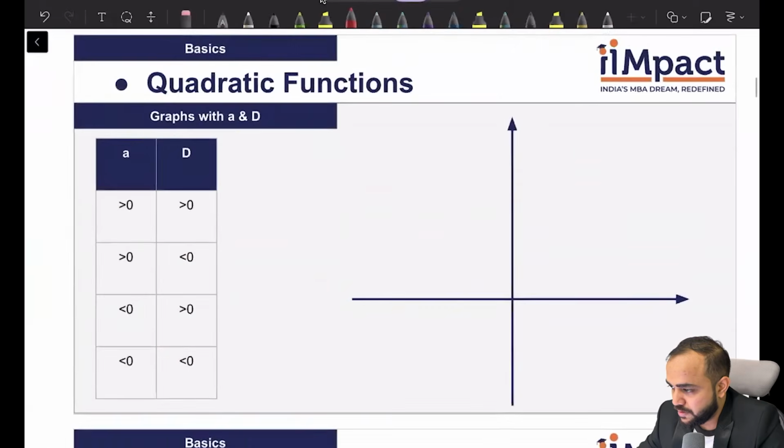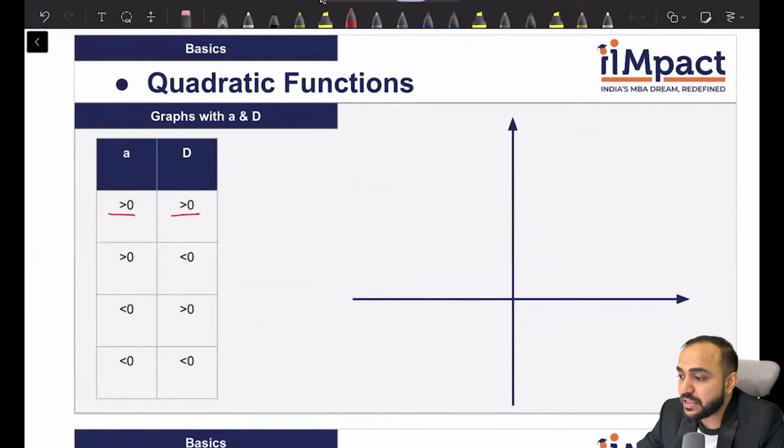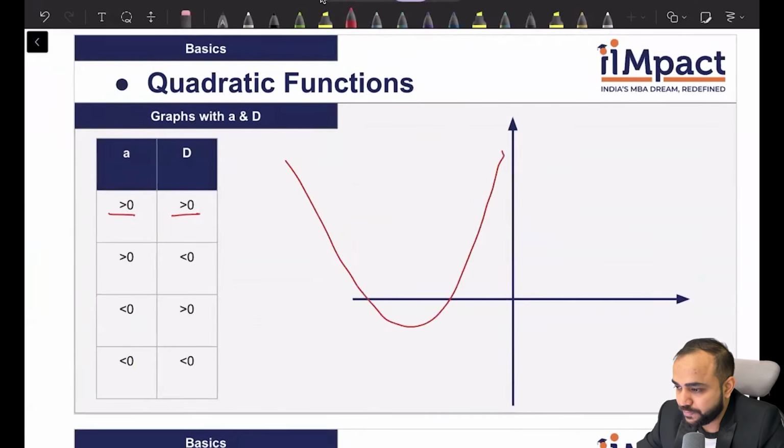All right, great. Now let us discuss graphs with a and d. If a is greater than 0 and discriminant is greater than 0, what will your graph look like? It will look something like this.